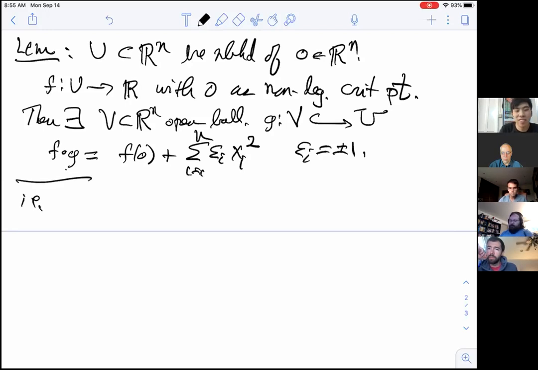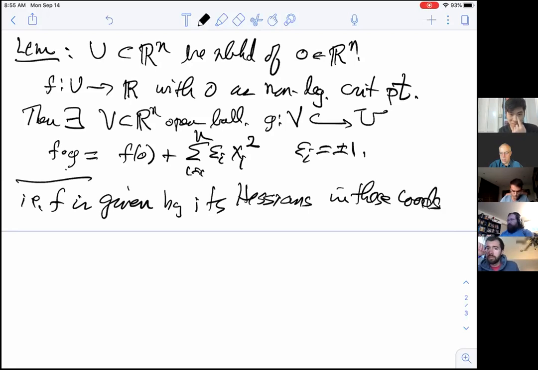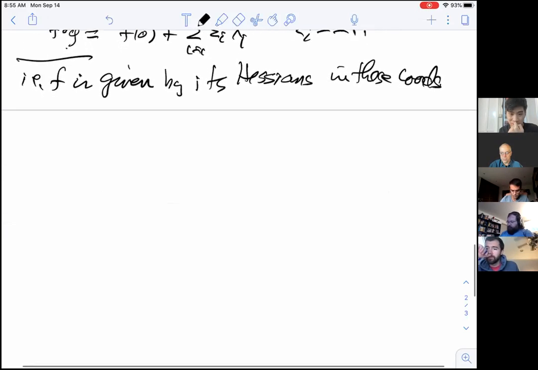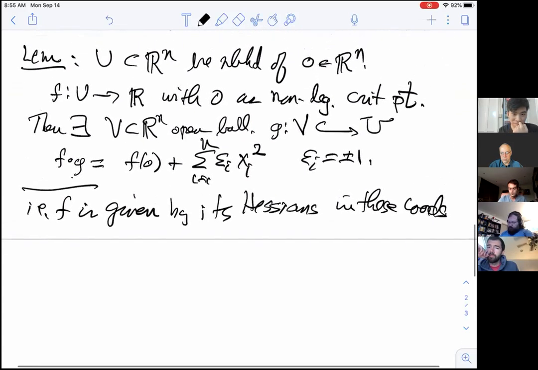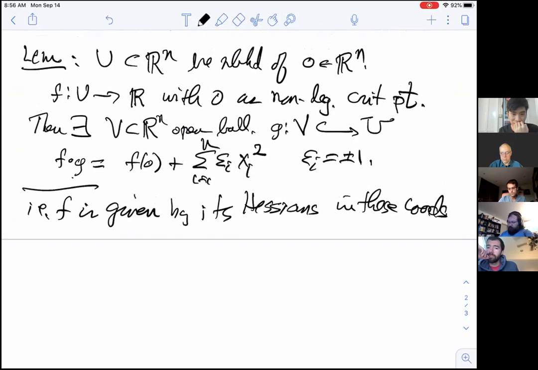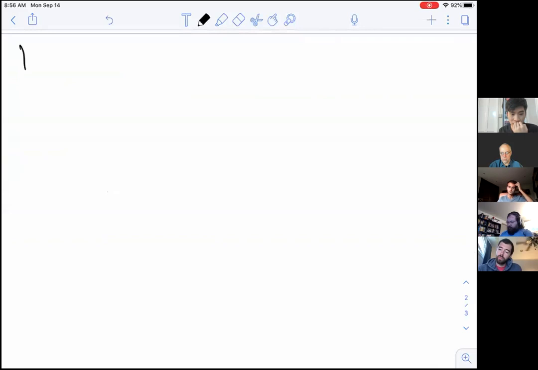So f is given, up to this constant, by its Hessian in these coordinates. So this is the first basic result about non-degenerate critical points. And I'm going to assume f vanishes at the origin, to make the argument slightly easier to present.